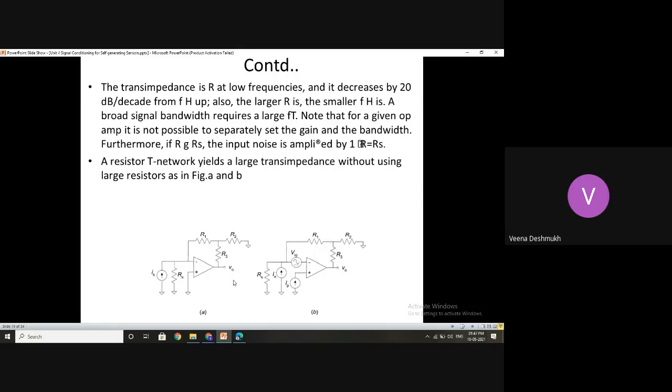Whenever you are making them purely resistive, that is for DC measurements, the conditioning for DC measurements, instead of capacitors, here you connect resistive T networks to get large trans impedances. Here T networks are used. You can see here, instead of a simple R1, R2, a T resistive network is used. And this provides higher impedance.